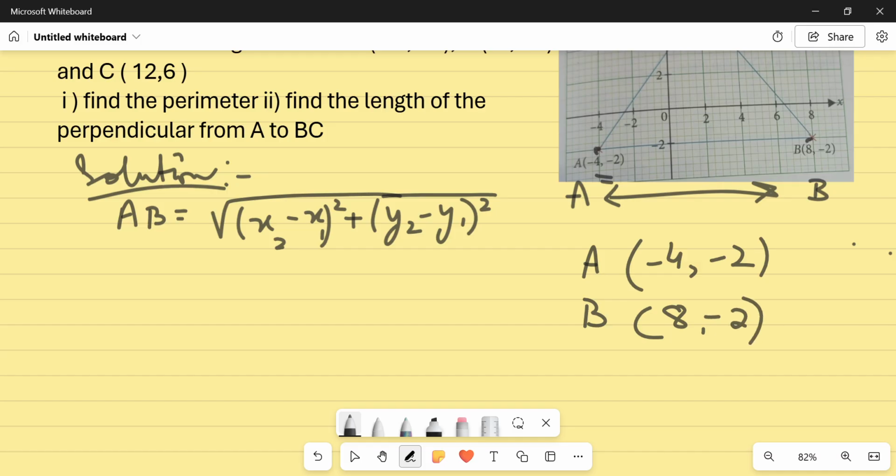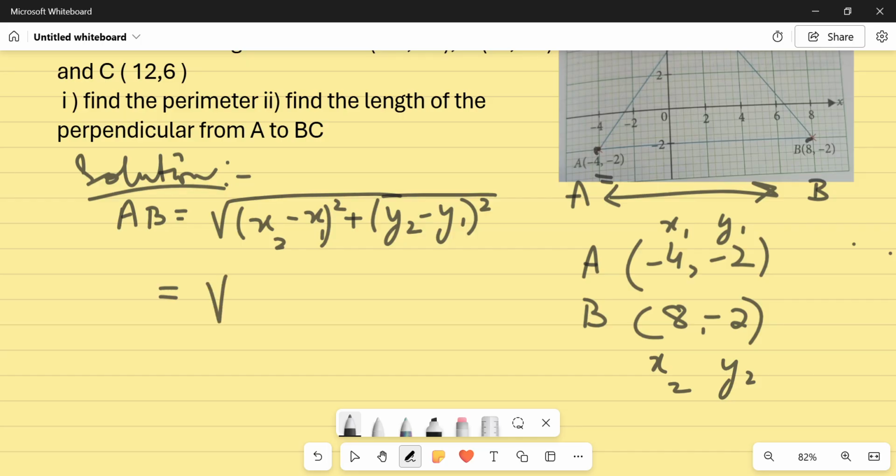So this one is x1 and this is y1, and the second coordinates are x2 and y2. Now just substitute these values in this formula.